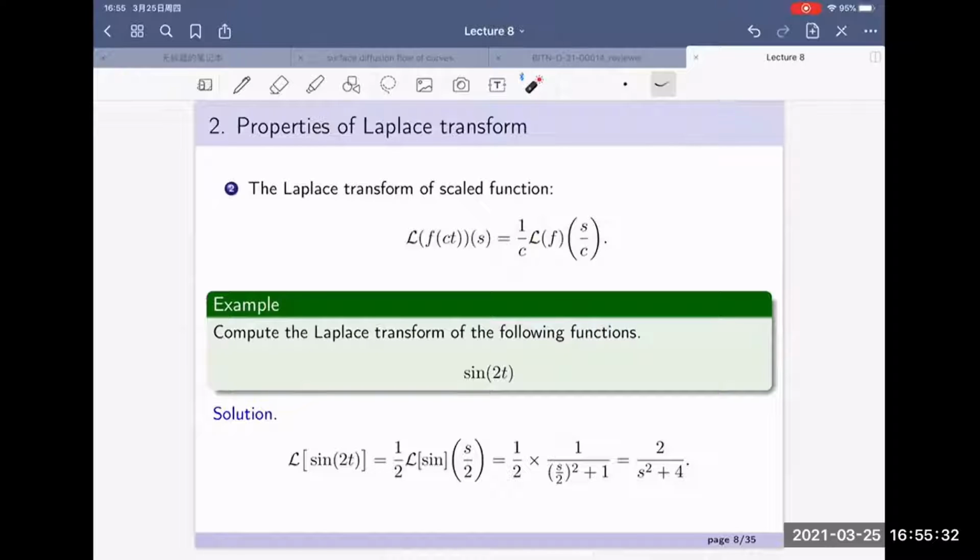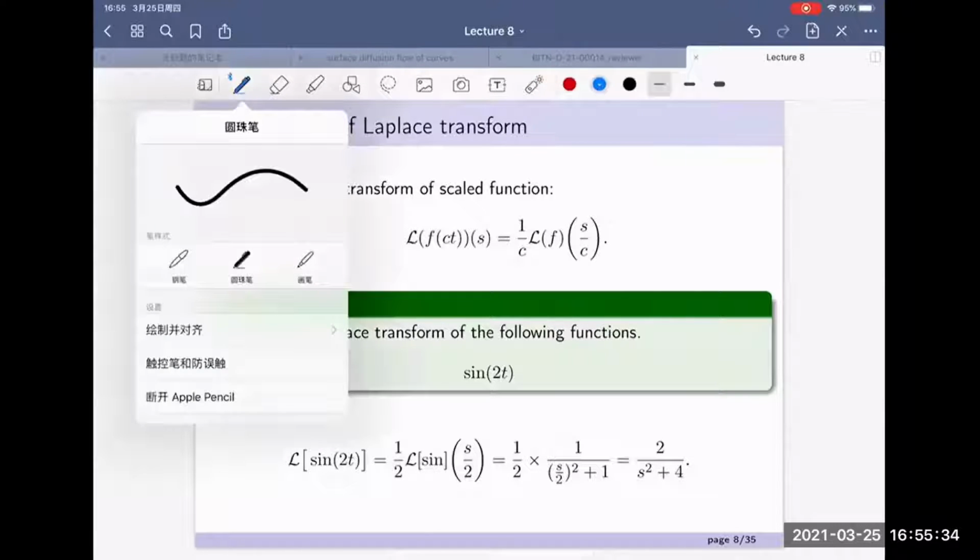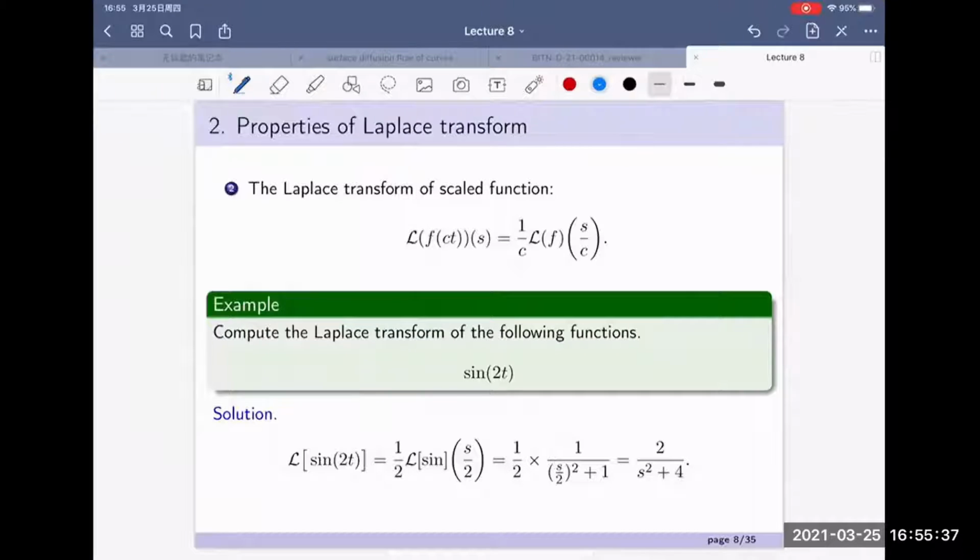We can illustrate this with an example. You know that the Laplace transform of sine t, if you look at the table, is 1 over s squared plus 1.